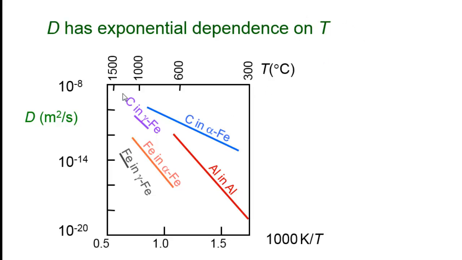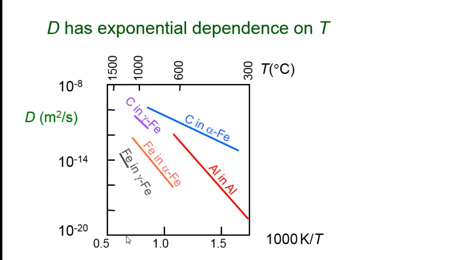If you want to get a good idea of what this graph means, start up here. Notice how our temperature is going down from left to right. So start up at 1500 and then we go down to 300. But it's not linear. What's linear is this scale, where we have 1000 kelvins divided by our temperature.